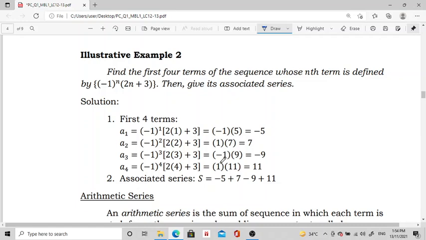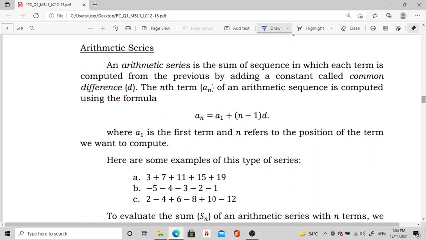Negative, positive, negative, positive. Kaya yung ating series na ma-generate here ay merong terms na may alternating signs. Na pag sinulat natin into a series ay ganyan. Okay?